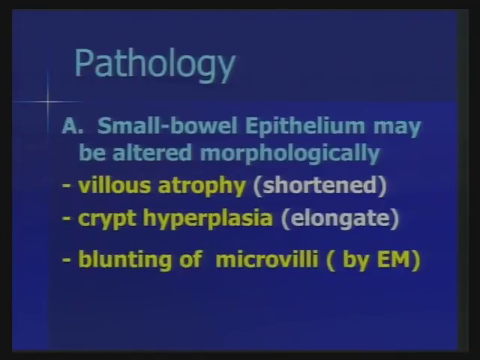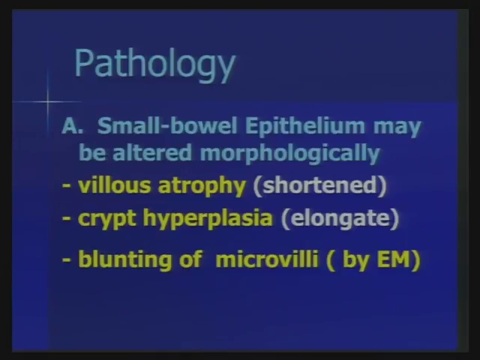So what happened, what is the pathology caused by the trophozoite? I mean only trophozoites. No cyst. Cyst can do no harm to the villi, only trophozoites. The trophozoites cause shortening of the villi, elongation of the crypt because of hyperplasia of the crypt, and blunting of the microvilli.